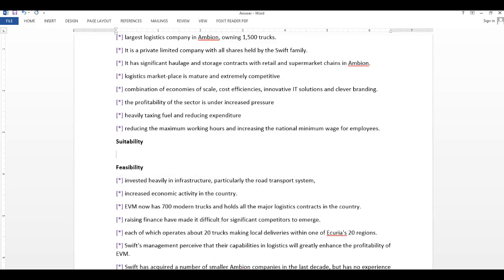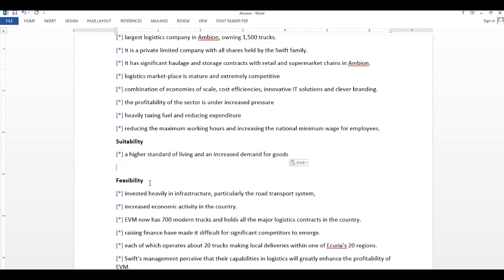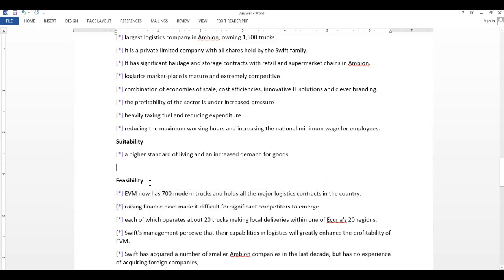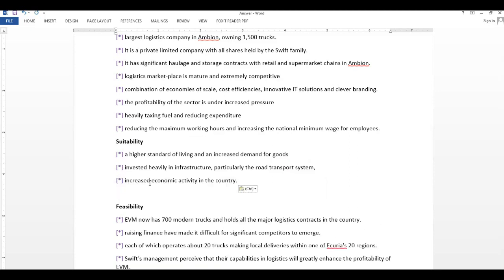Yes, we can handle a large number of transport. Yes, it's suitable for us. The government seems to be investing a lot in the road transport, and this would increase the economic activity. So that is actually a general point, but still it is a very suitable acquisition if the government is helping us to achieve increased profitable goal.